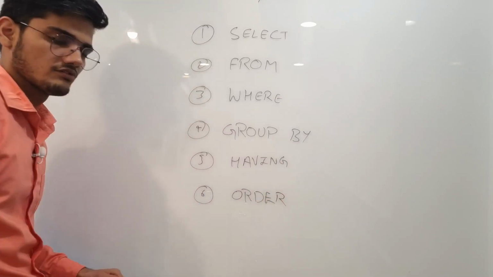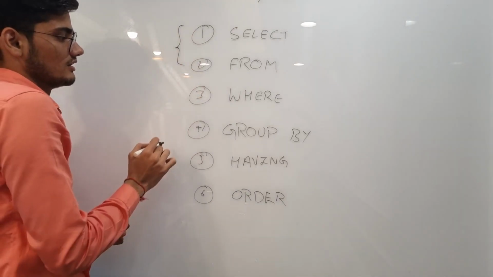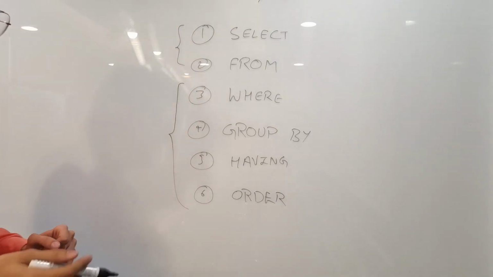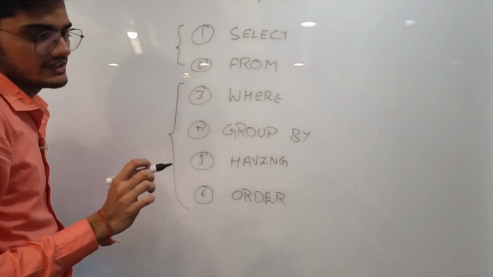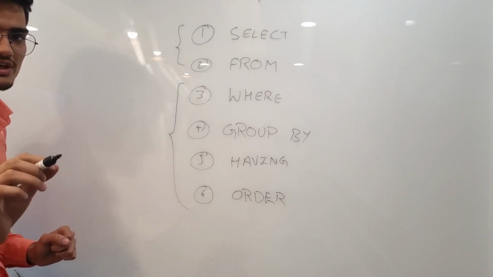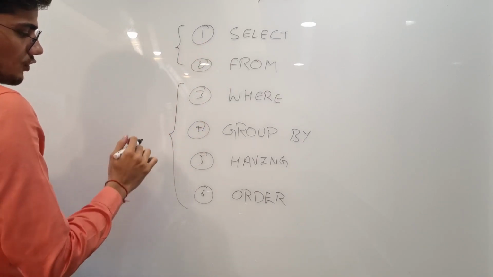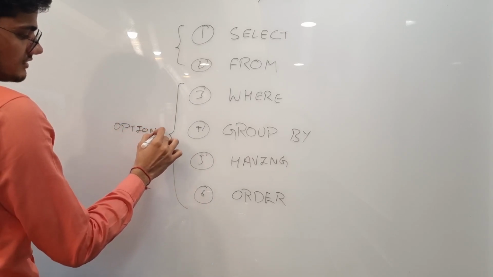In this lecture, we are going to focus on these two only, and we will further discuss these four in upcoming lectures. Also, these two are compulsory in any query. There is no query in which select and from is absent, and these four are optional as per our requirement.